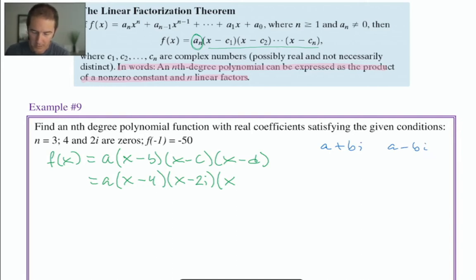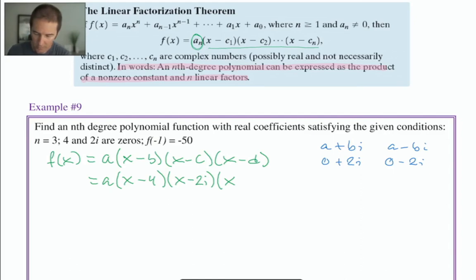What this problem tells us is that 0 plus 2i is a 0 of our polynomial, which necessarily, 100% certainly, means that 0 minus 2i is a 0 of this function that we're trying to design.